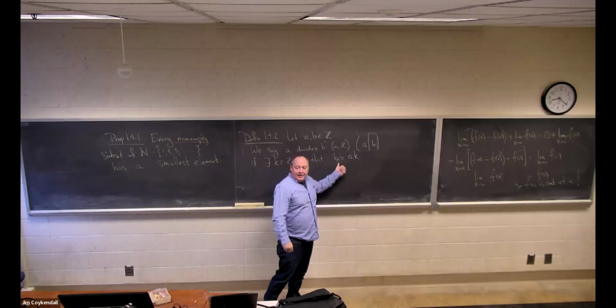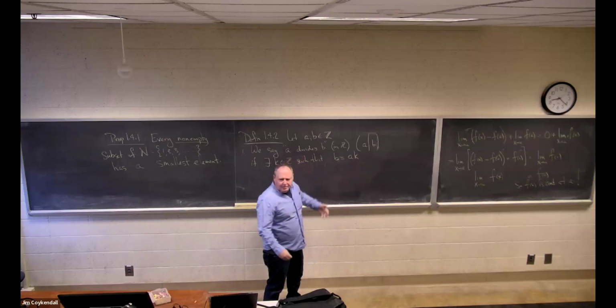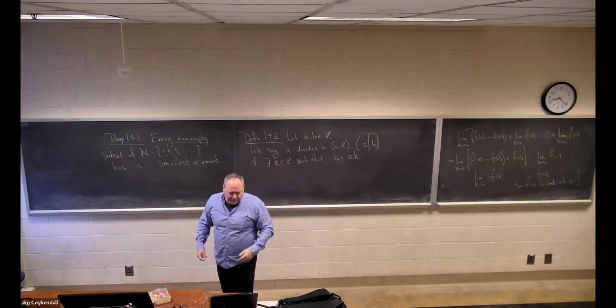For example, 2 divides 6, because 2 times 3 is 6, but 2 does not divide 7, because if that's a 7 and that's a 2, then k is not an integer. It just means it's a fraction b over a.